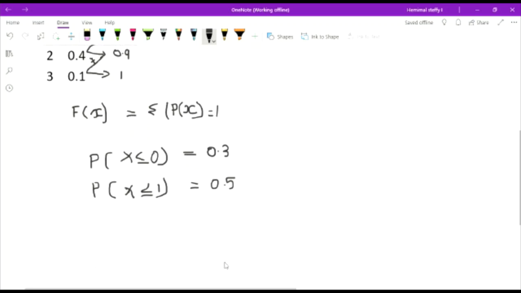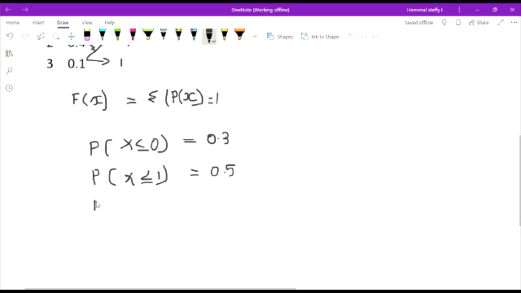Then probability of X less than or equal to 2 is equal to 0.9.